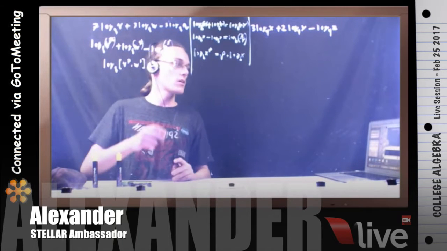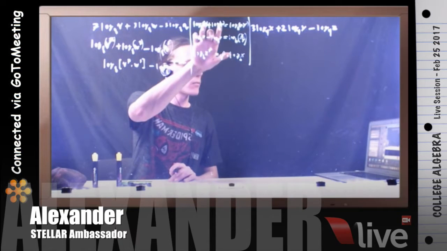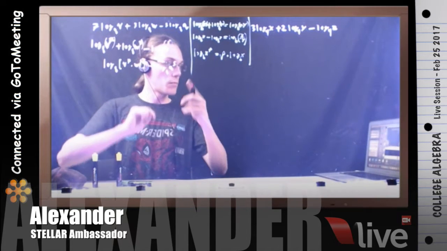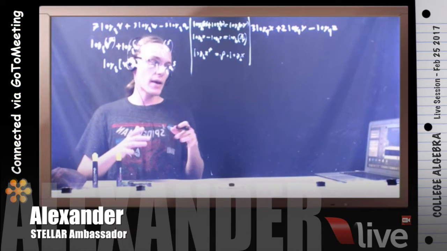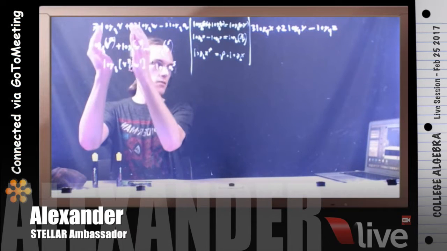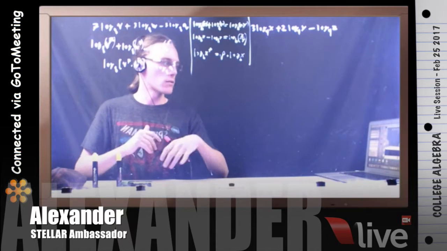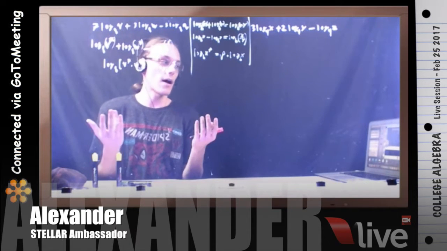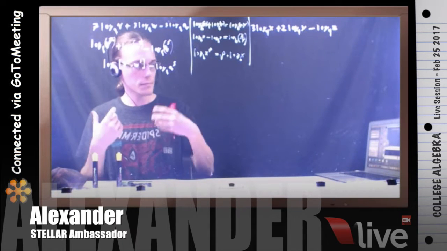Okay, and that's just me using this property right here, that if I add two logs and the bases match, I can multiply what's inside. It's just that what's inside in this case is not just a simple single variable, it's an expression. It's like v to the 7th. But that doesn't matter. Even if I had a mile-long thing inside of here, I can still say that's what's in the first log, multiply it by whatever's in the second log. And so that can be very useful if you want to expand these out or contract them. That's a great way to break everything up.